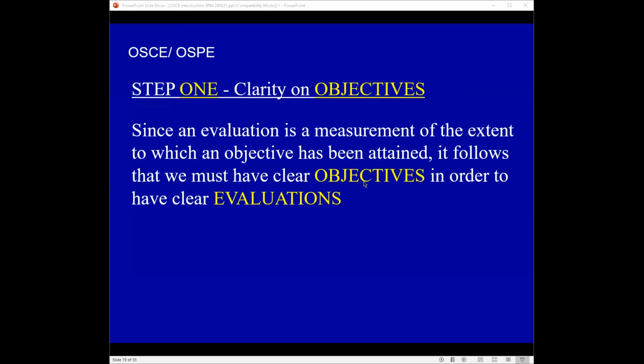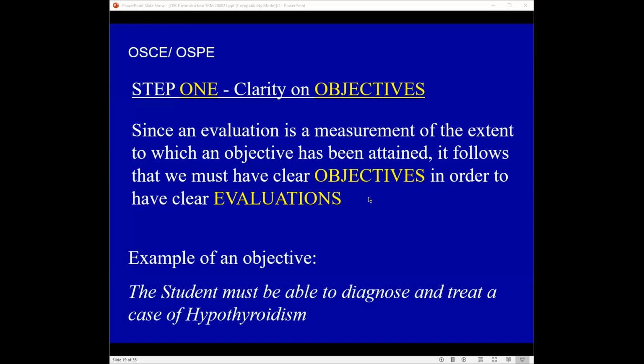So I'm giving you an example of an objective which we will use for this session. A simple objective: the student must be able to diagnose and manage a case of hypothyroidism. It's a simple educational objective in the healthcare setting, right?